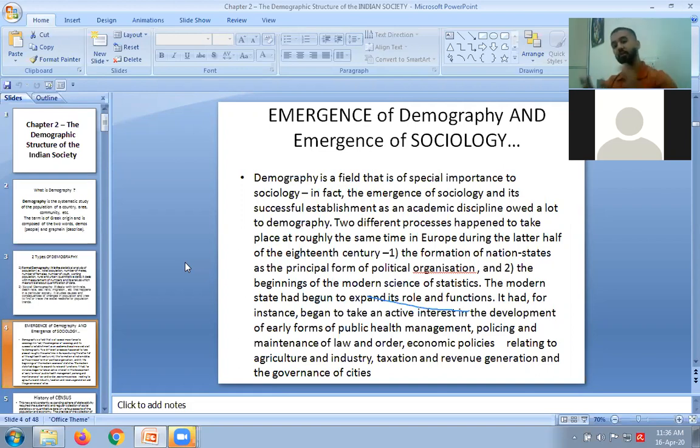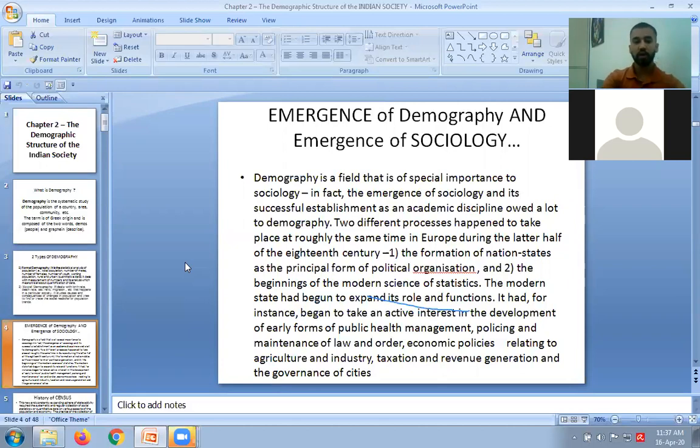So the emergence of demography and the emergence of sociology are two interrelated concepts that came at the same time, I would say. And I'm not saying that the emergence of demography was the only way that gave way to the emergence of sociology, but I would definitely say it was one of the ways.